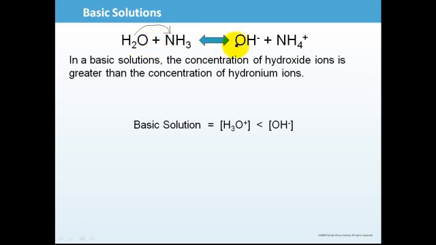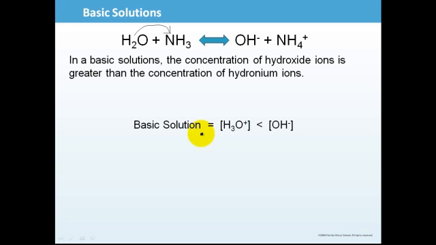So now we have just OH with a minus charge, and we have NH4 plus. So we have added more OH minus ions, hydroxide ions. Since the hydroxide ion concentration is higher than the hydronium ion concentration, this would be considered a basic solution.